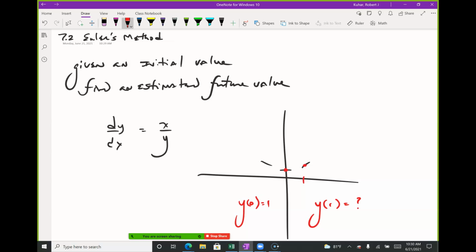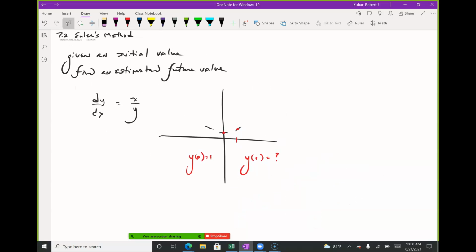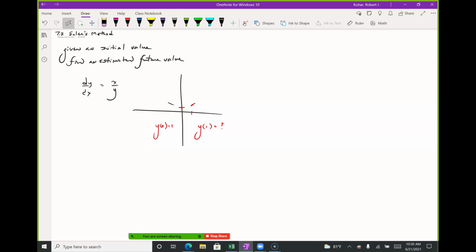It looks like here. But I don't know how accurate I would be. So we're going to use Euler's method to figure this out. We already know the actual answer is square root of 2, about 1.4. Let's see what Euler's method does for us, how close it gets us.